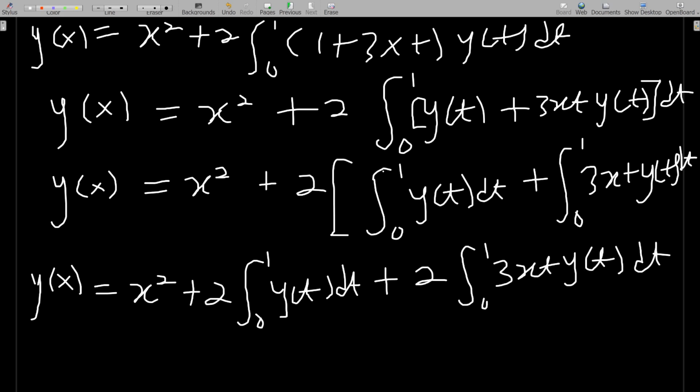Now we see that this kernel has turned out to be a separable kernel, because I can separate 3x from t. I hope you can see this. So you apply the same method that we did in the first lesson. So y of x is equal to, what do I have here?